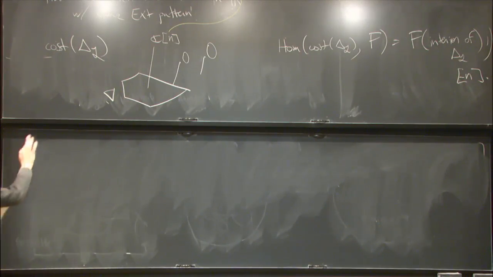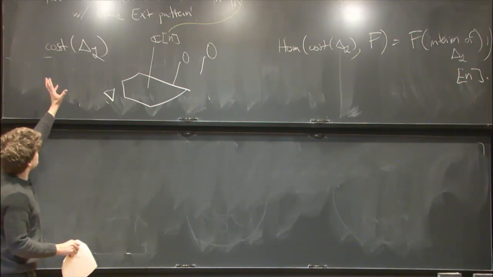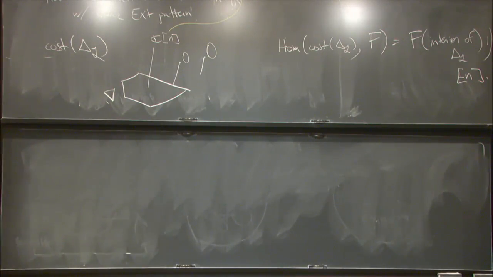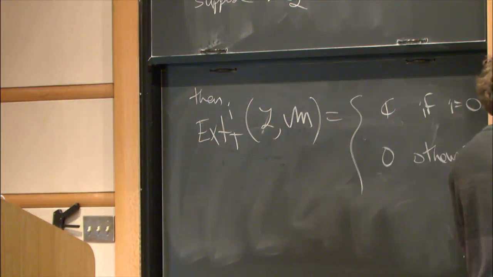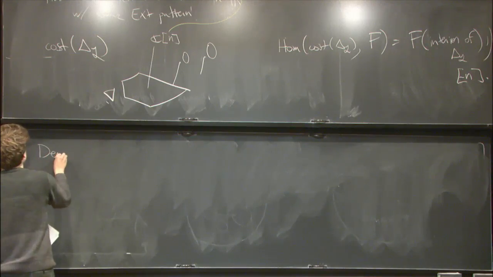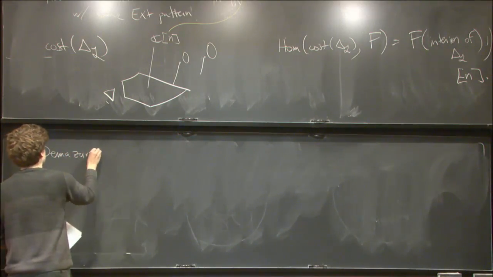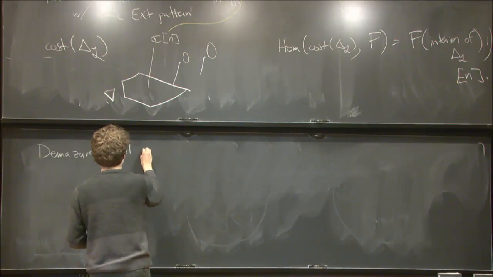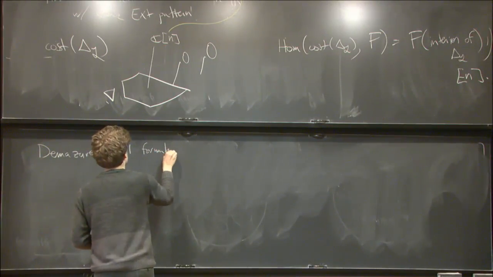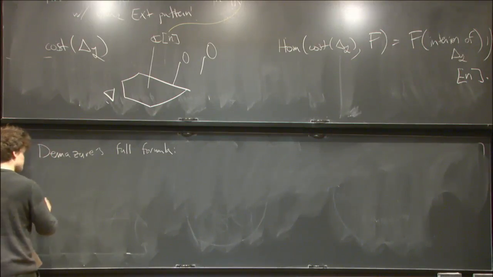So if I have one polytope contained in another, then I'll see the same Ext pattern. And Des Mausure's formula, well, maybe after some kind of Fourier transform, says that this is true in general.